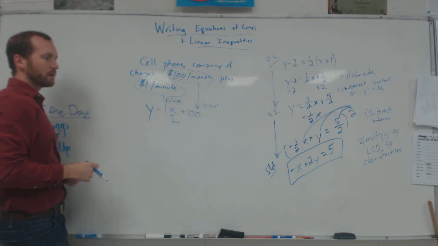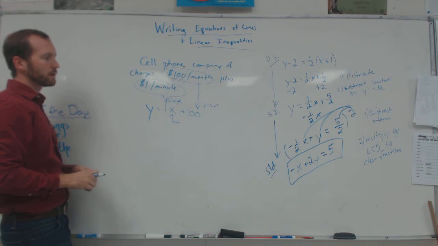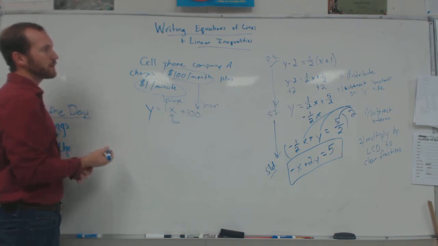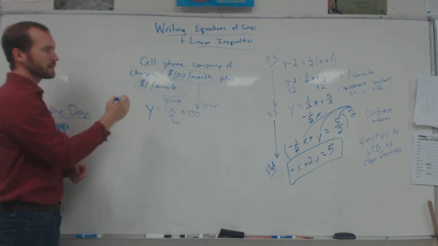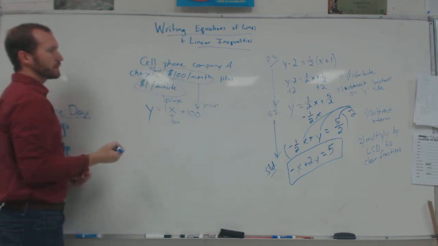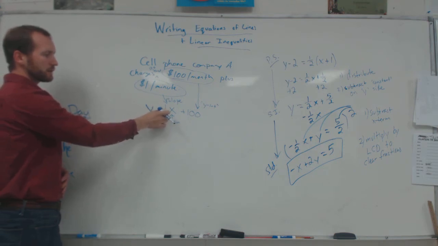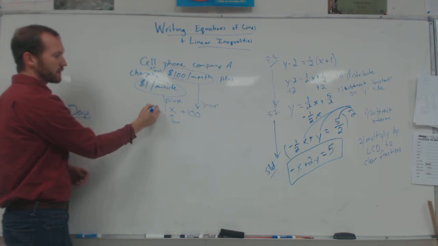Right? But what if we had an inequality? So if it said cell phone company A charges, and this is kind of a silly example, but what if they said charges at least $100 a month plus $1 a minute? Well, at least means the price will be greater than or equal to.